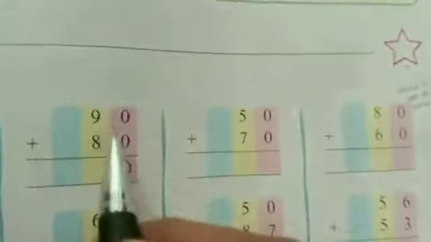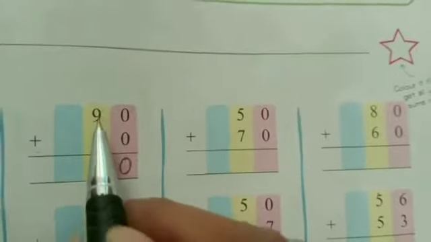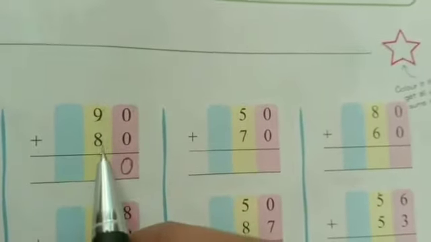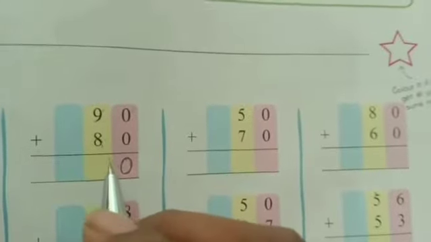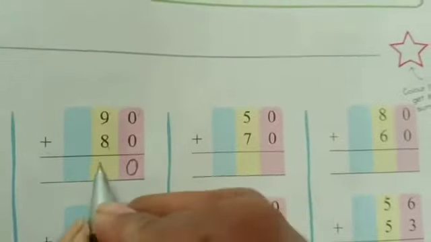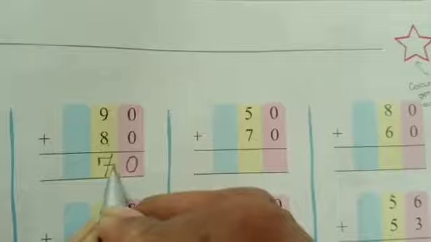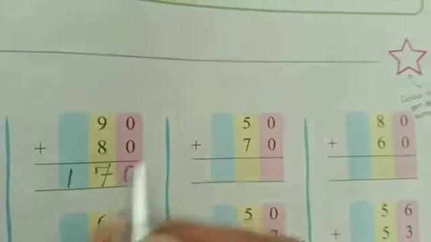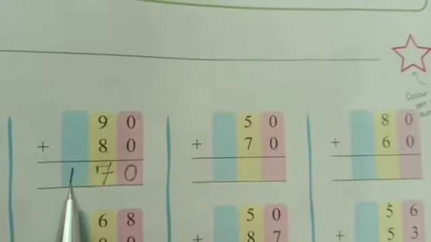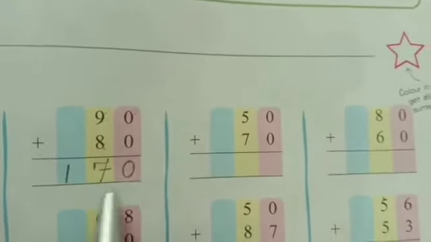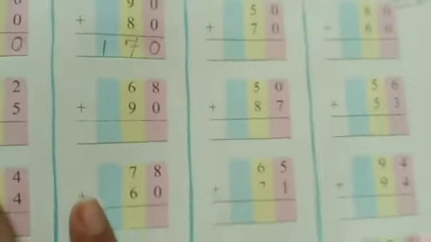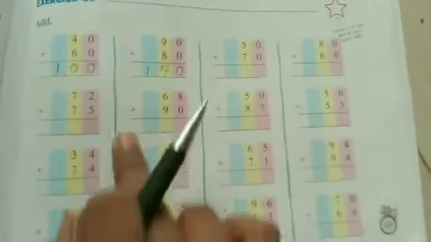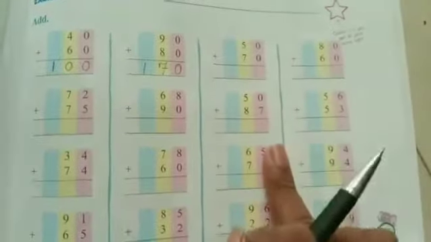So the answer after adding 9 and 8 is 17. So we'll write 7 in tens place and 1 in hundreds place. So the answer is 170. So my dear children, in a similar way, you will solve all these exercises.